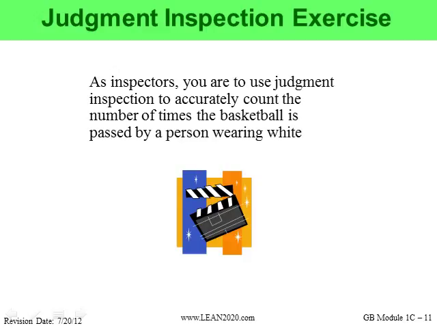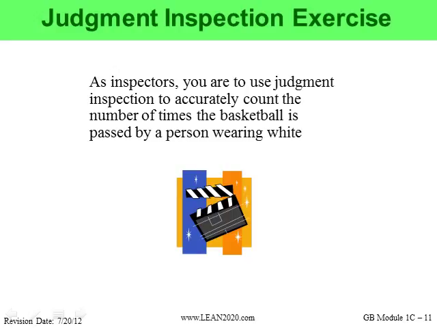So your job is to watch the video and determine how many passes the white team passes to the white team. I'd like you to do this twice and see if you get the same amount of passes from the first time you watch it to the second time you watch it. It's kind of important that you count each time. What I will tell you is that a pass is a pass from one individual to the next. It can be a bounce pass or a chest pass.